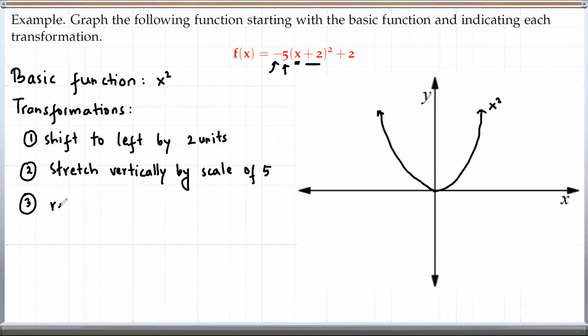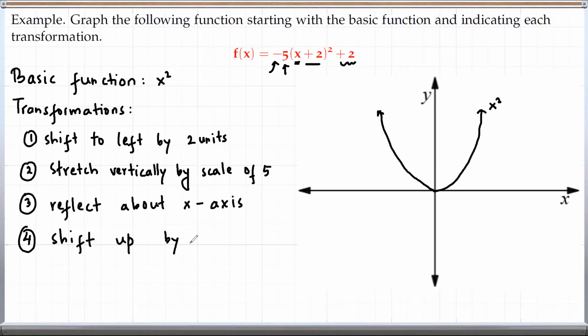That will reflect the graph about the x-axis. And the last one is this +2 at the end. That will move everything up by 2 units. Shift up by 2 units. We need to apply these transformations in this order.